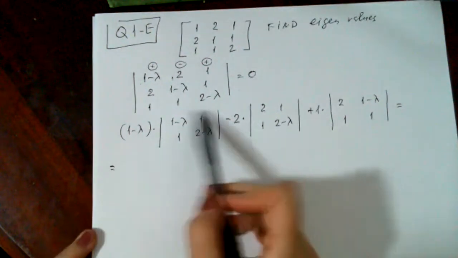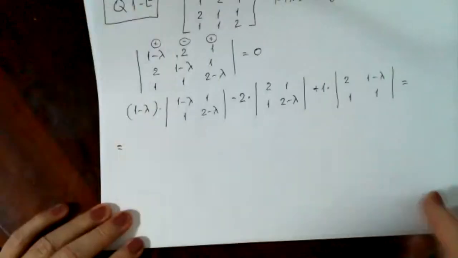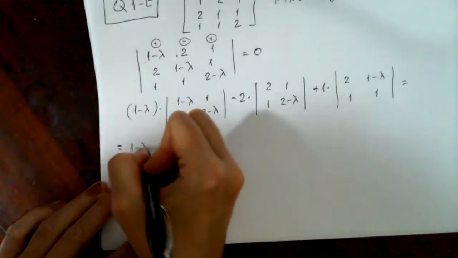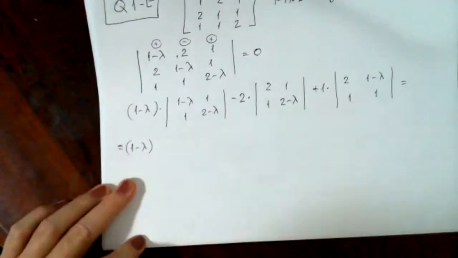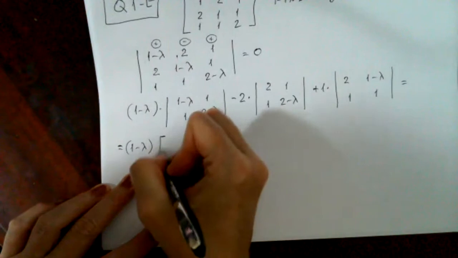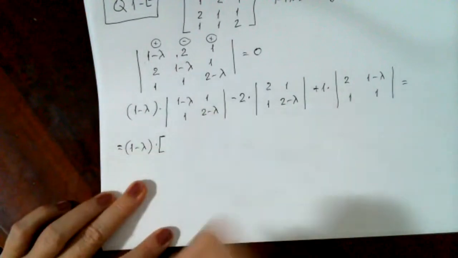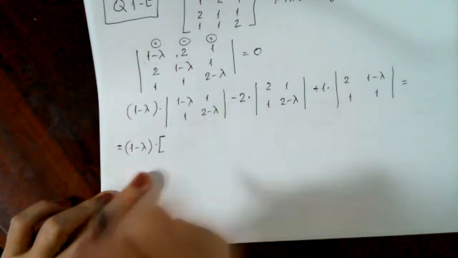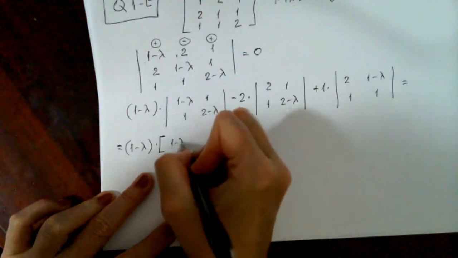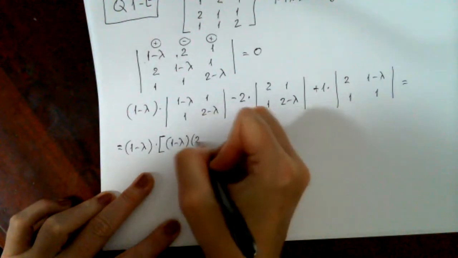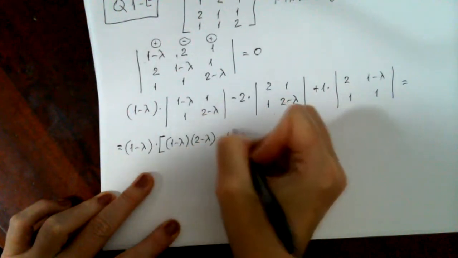Okay, what next? Now we need to calculate these 2 by 2 determinants, which is pretty easy, of course. Let's try and do it. So 1 minus lambda, I'm rewriting it. And now I'm going to put brackets here because they look much more beautiful, less mess around it. So 1 minus lambda times 2 minus lambda minus 1.